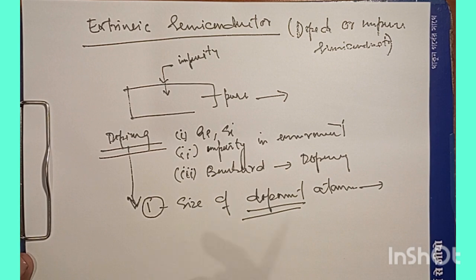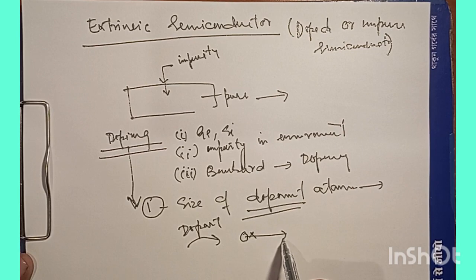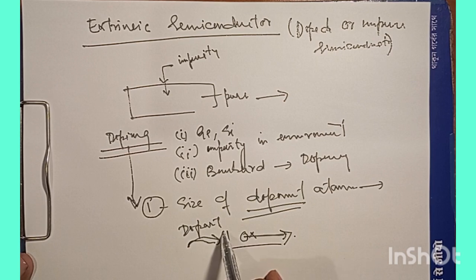A dopant atom is supposed to take the place of an atom. So if there is an atom X, when I use a dopant, it has to replace this atom from the parent matrix. So it becomes important that you cannot use all the dopants to do the job.